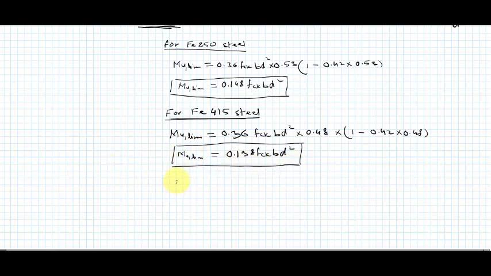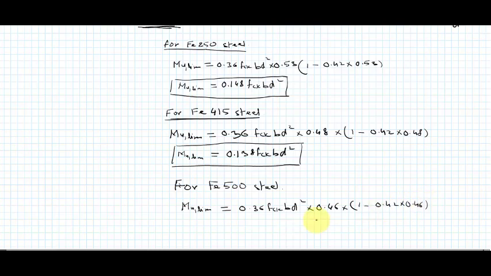Lastly, for Fe500 steel, what will be the limiting moment of resistance? Again, we will do this calculation. 0.36 fck b d square into xu max by d, for Fe500 it is 0.46, into 1 minus 0.42 into 0.46.